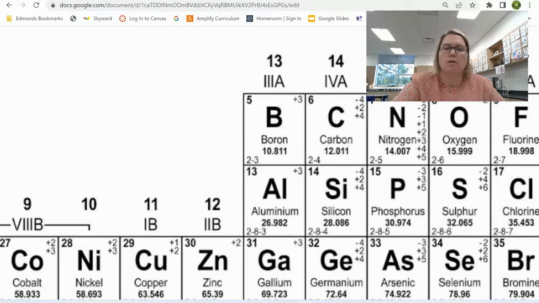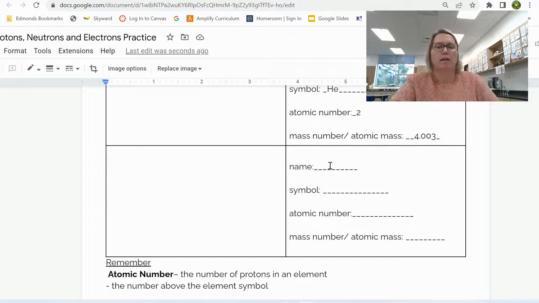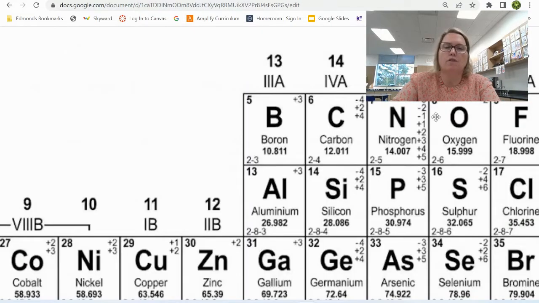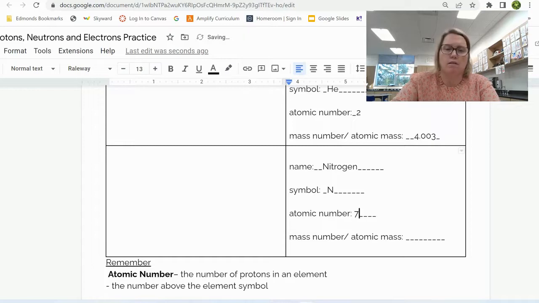The symbol is N. I'm going to write that the name is nitrogen. Nitrogen is really important for making proteins, and it's important for our bodies and DNA. The symbol was capital N. The atomic number was 7. Let's just check. Yep, 7. And then the mass number, or the atomic mass, was 14.007.